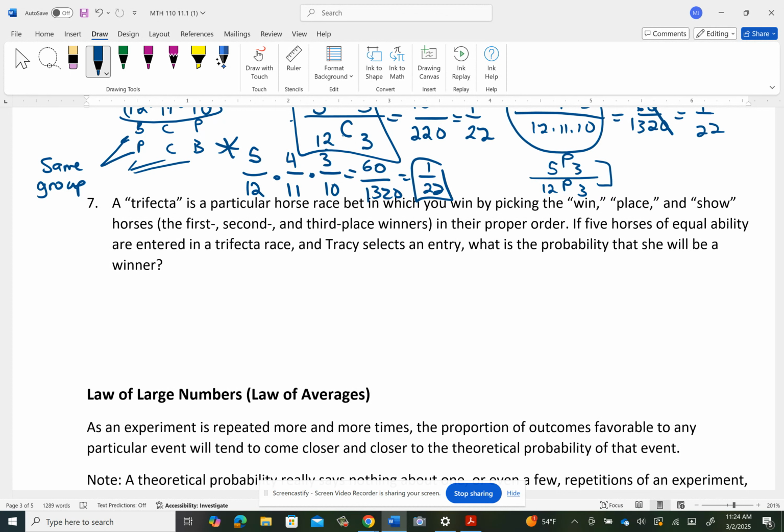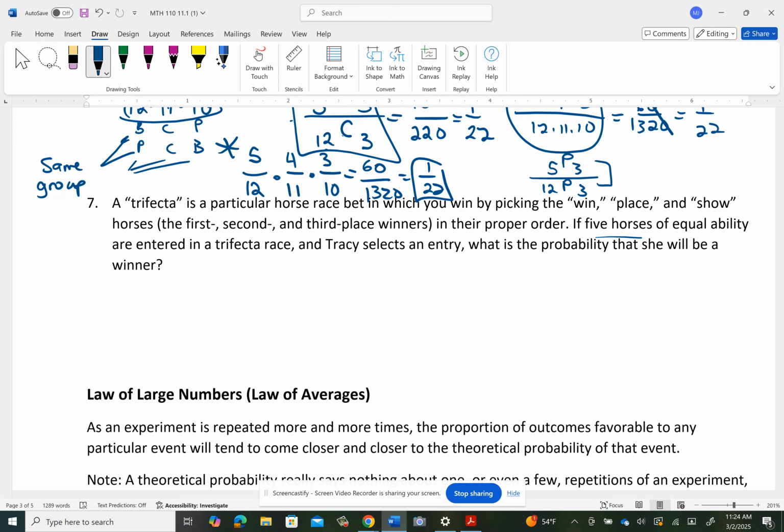So we're looking at what's the probability of having selected the winner. If there's 5 horses of equal ability, and she just randomly makes a selection, what's the likelihood that she's going to be a winner?